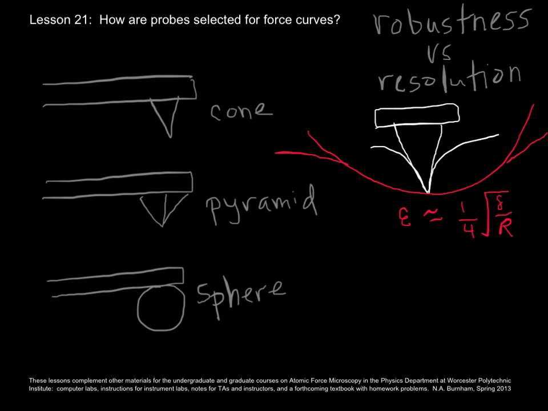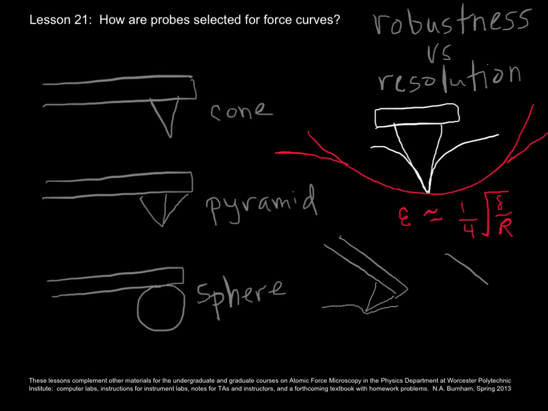And finally, watch out for symmetry. As I've mentioned before, cantilevers are often inclined at an angle of repose, and here you see that a conical cantilever would make an asymmetric indentation.